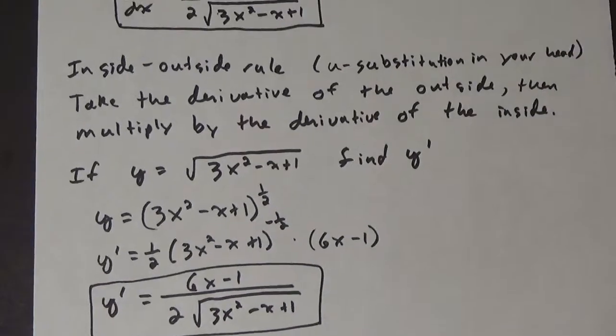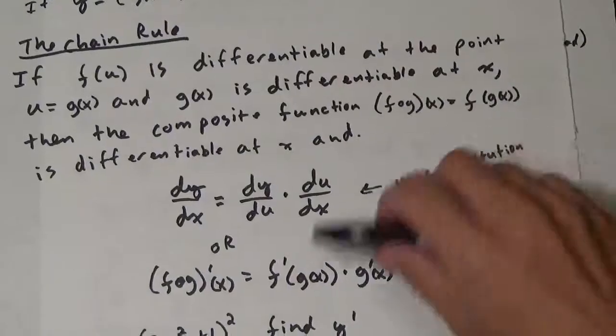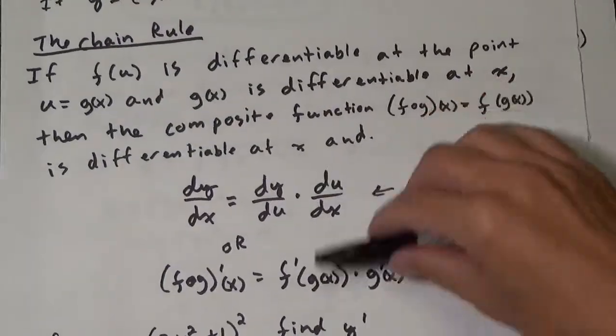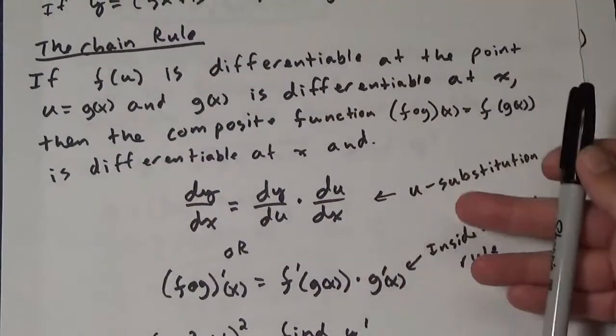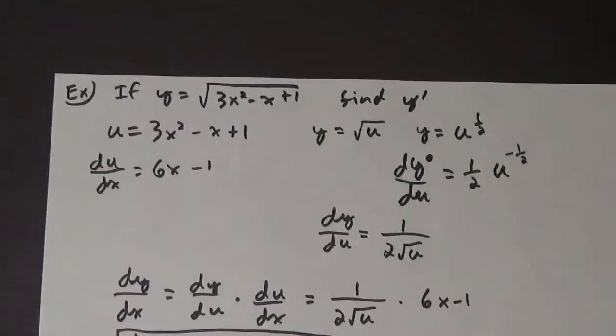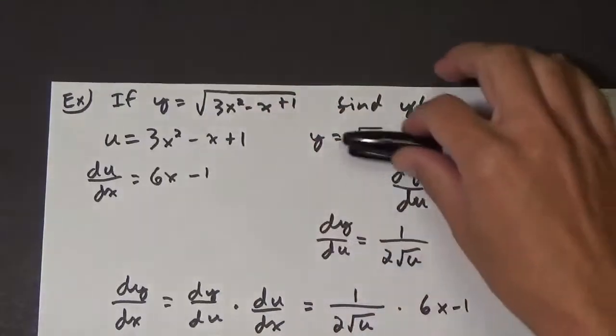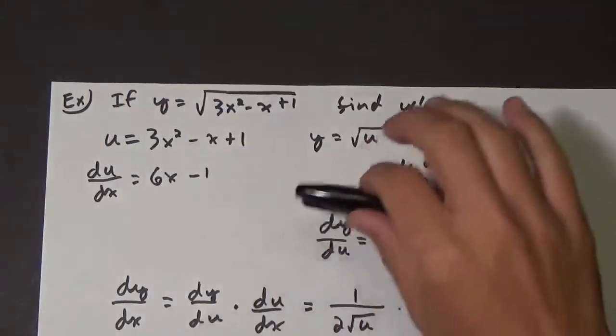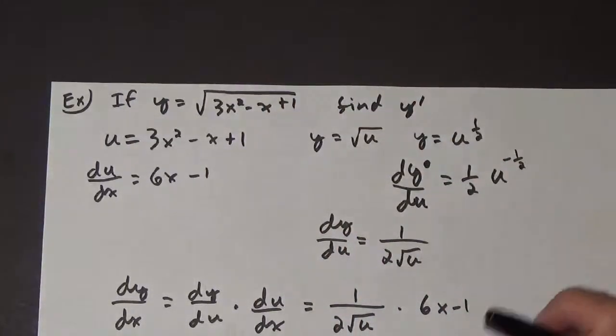So even though back when I first wrote down the chain rule, I said, oh, there's two ways we're going to do this, there really is only one way. It's just sometimes when you first start finding the derivative using the chain rule, U substitution is just easier to kind of figure out.